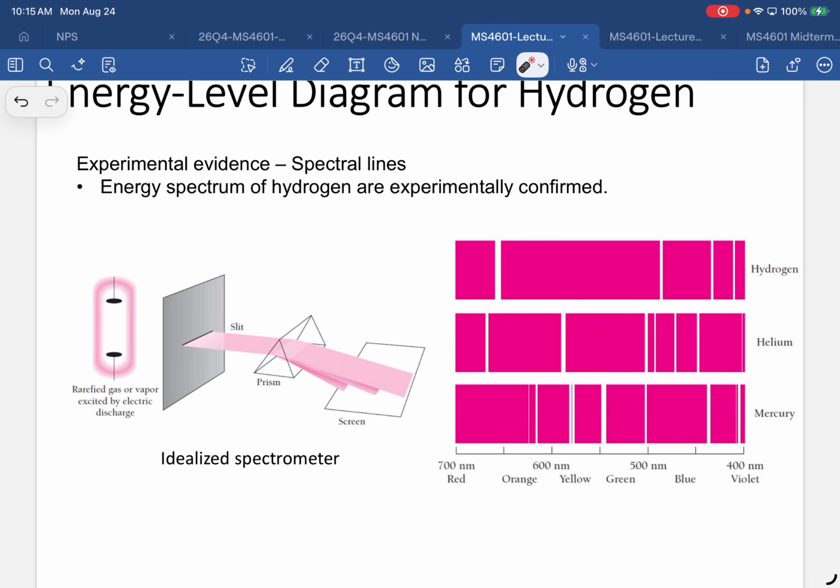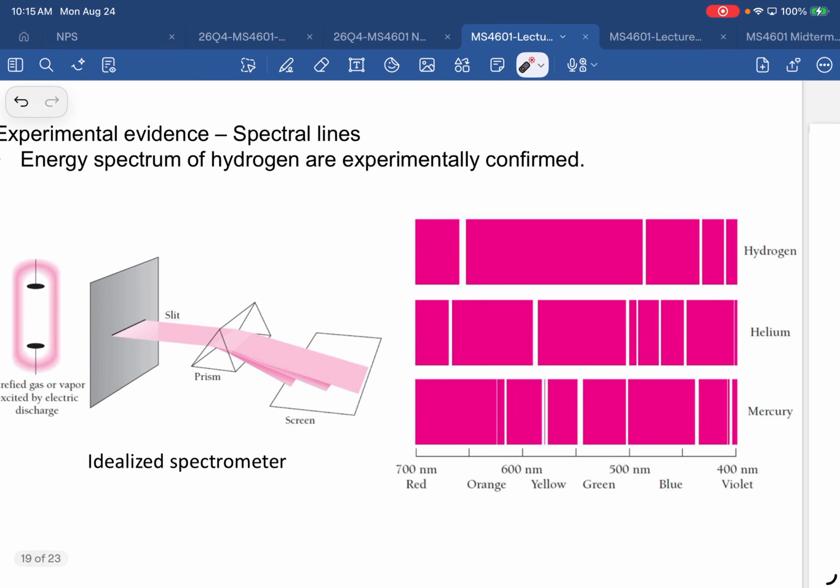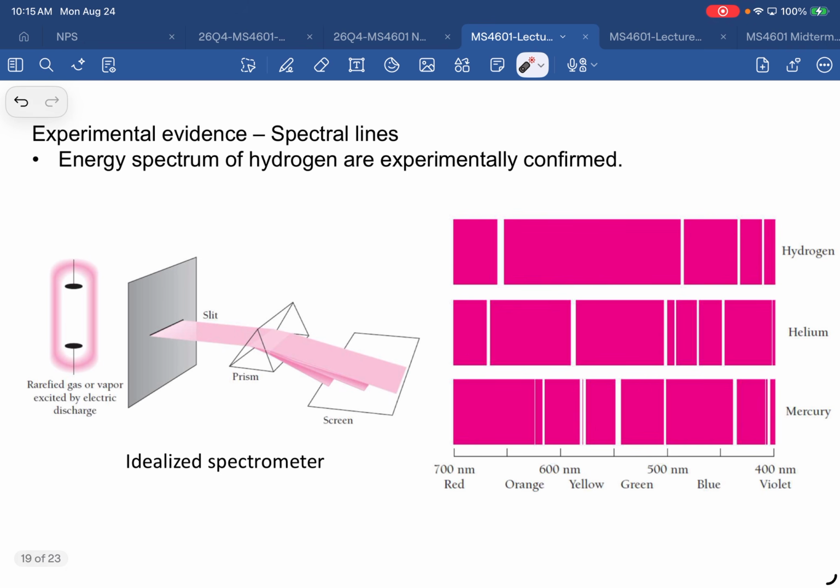So for example, if we put some energized matter, an energized atom, in a container, it can emit photons. Then, using a spectrometer, you can analyze the frequency of that photon. It turns out, for example, this is an experimental result for hydrogen, helium and mercury: they all have different peaks of photons.